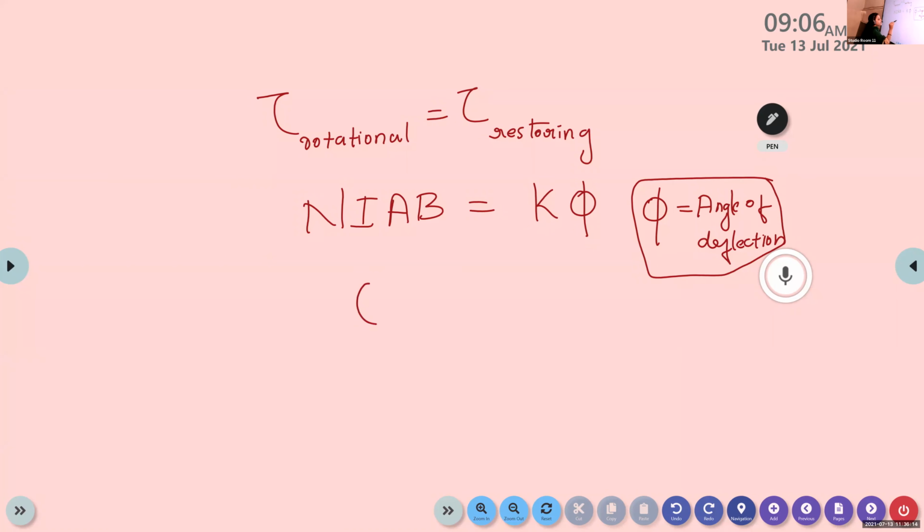From this, can you form an equation for phi? Phi is equal to NIAB divided by K.